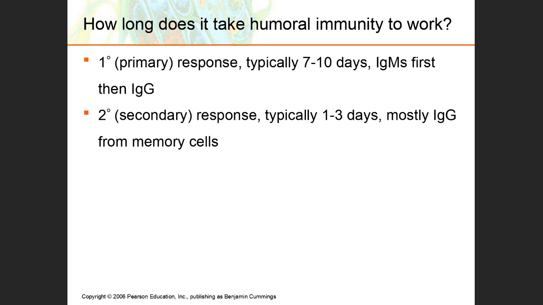Over and over again, year after year after year for the rest of your life, right? Because viruses mutate and change. Bacteria can mutate and change as well. So that's why we keep getting sick, right? Because the pathogen has changed. Your immune system is still good, it's still doing its job, but it takes 7 to 10 days. If the pathogens mutate and change, you have to make antibodies all over again.